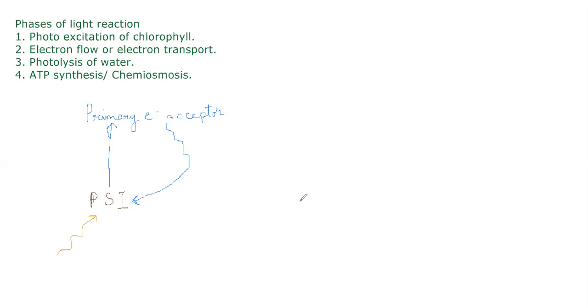But if I talk about photosystem second, when light falls on it, the electrons get excited and again reach the primary electron acceptor.